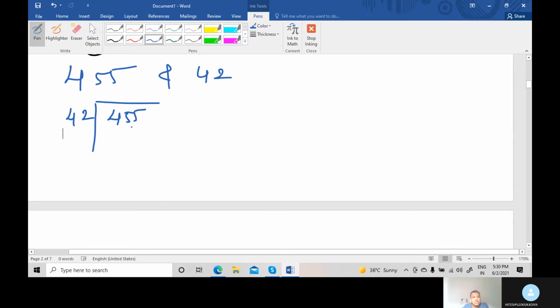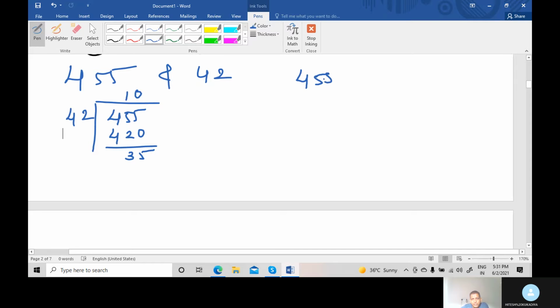You can apply the division algorithm, otherwise the tree method. Now speak your table: 42 tens are 420. The remainder is 35. Write your statement, Euclid's division lemma.